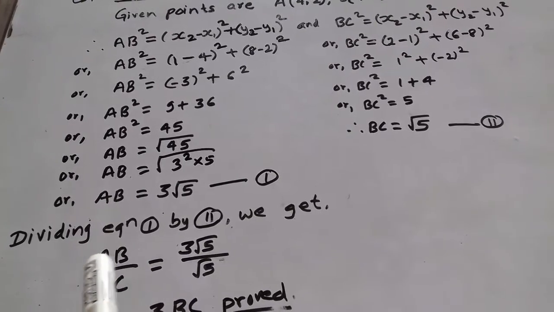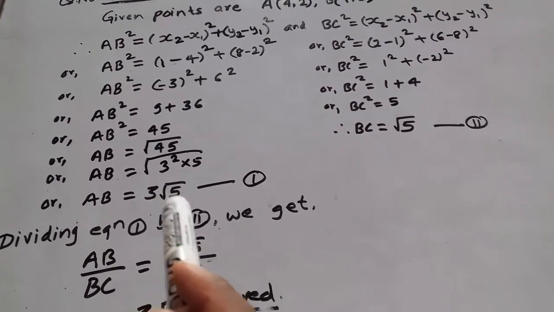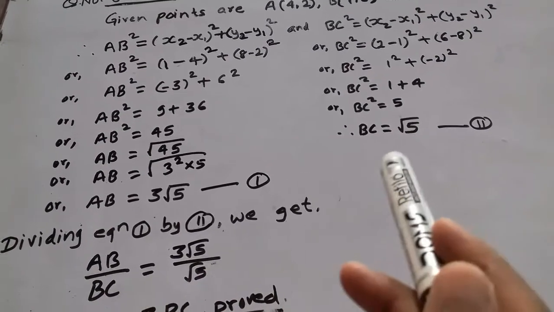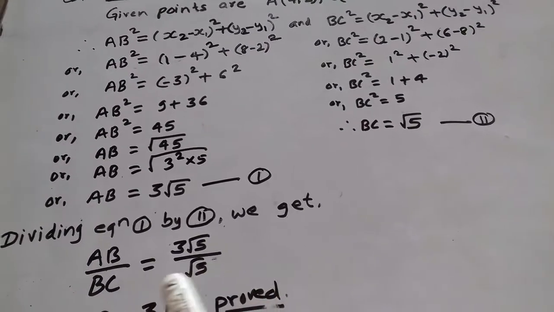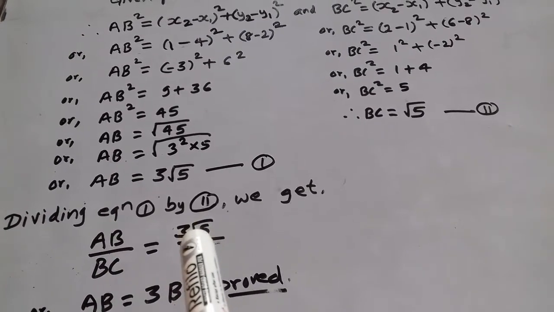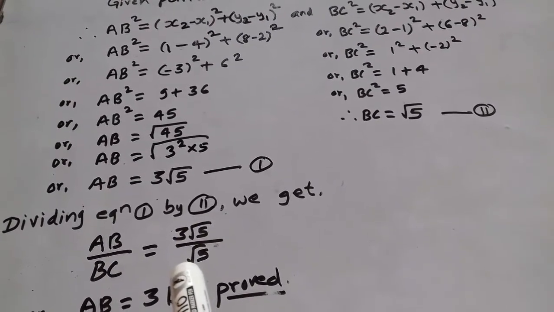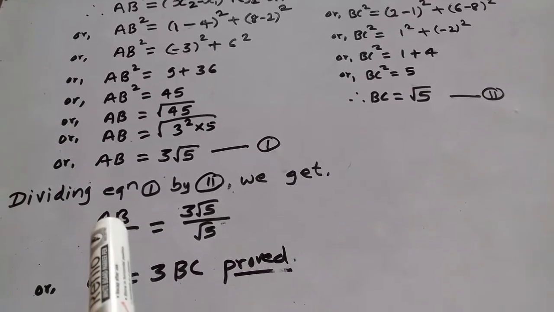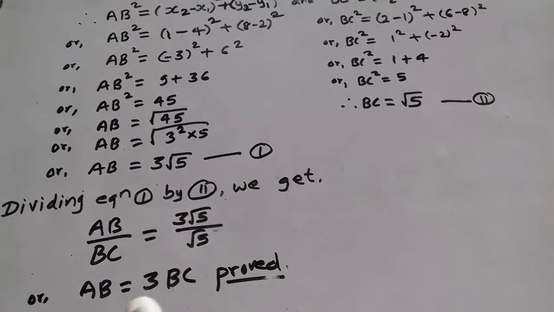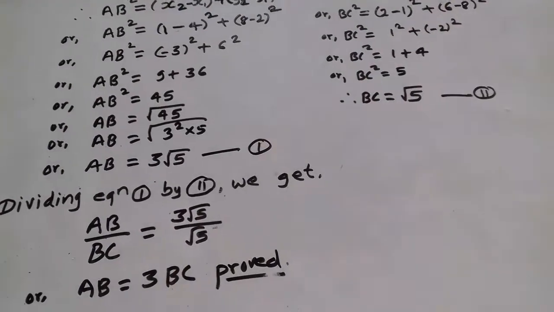As we have written AB first, we must write this first, 3 root 5, then BC root 5. Then the root 5 cancels and it becomes 3, and down here becomes 1. Then we cross multiplied: AB into 1 is AB, and BC into 3 is 3BC.